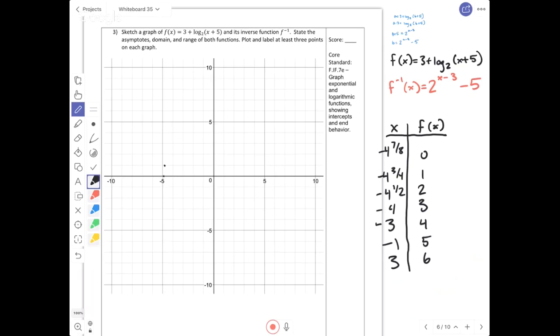And then negative 4.5, 2. And then negative 4, 3. And then negative 3, 4. And then negative 1, 5. And then 3, 6. So I have a logarithmic curve that looks something like that.